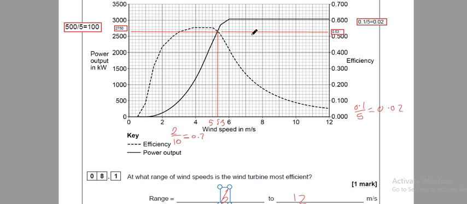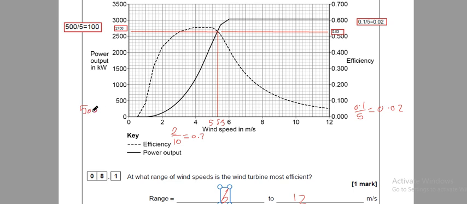On the other side, the curve of power and wind speed: 5.3 here meets the curve at 1.5 small squares above 2500. Here 0 to 500 is represented by 5 small squares.